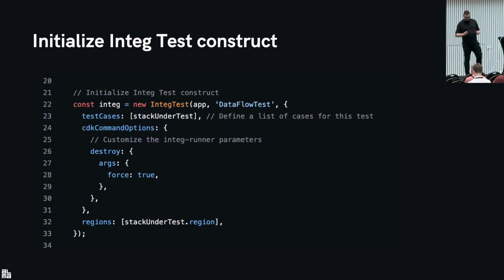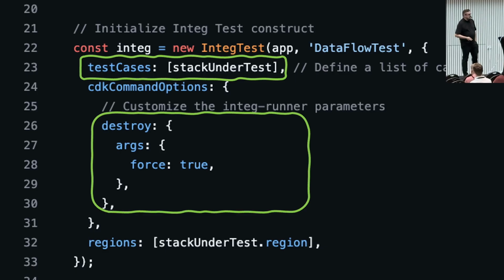Here's an example using the CDK integ-tests tooling, but the concepts apply to however you want to do the integration testing. We have some stack containing some resources that we want to test, and importantly, this actually deploys the stack with those resources, and after the test is complete, it has to clean up those resources, so delete them.